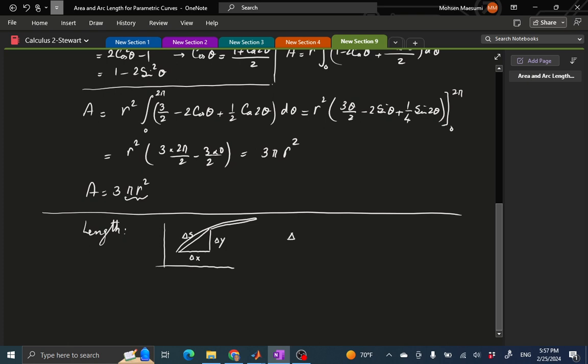I will say delta s is delta x squared plus delta y squared. I go ahead and divide this and multiply it, delta x by delta t.